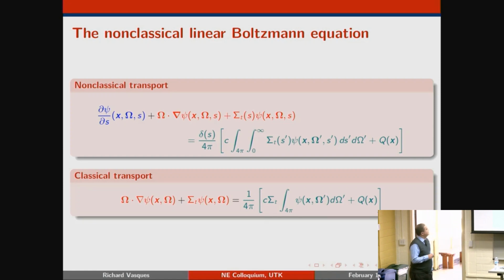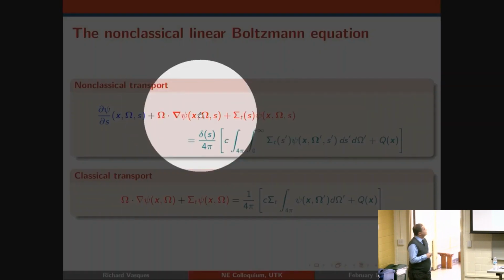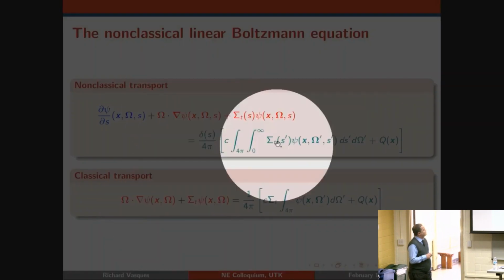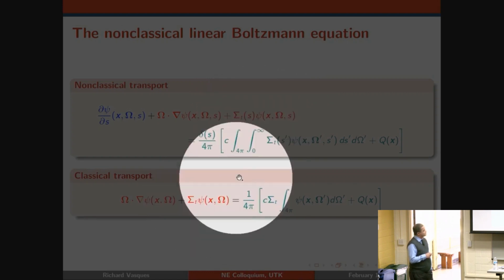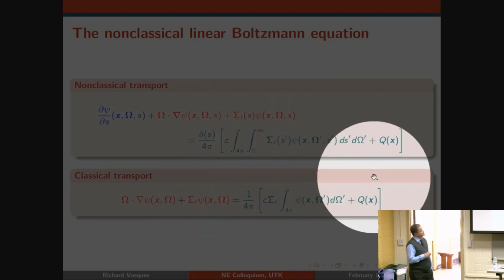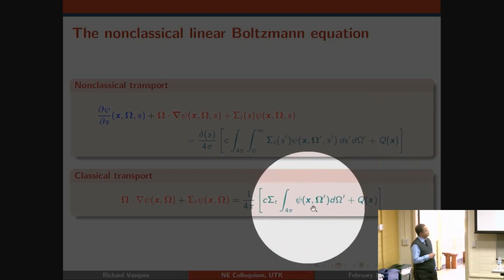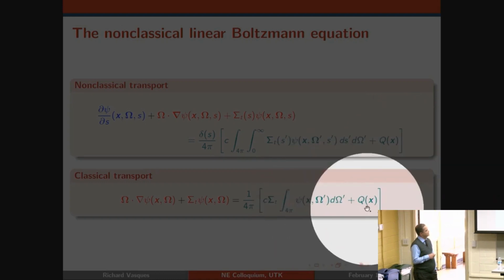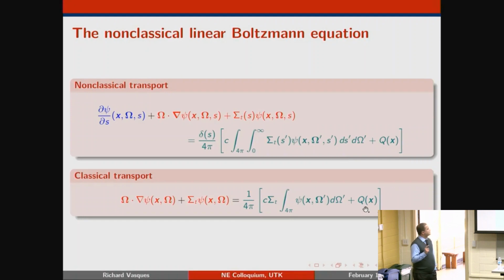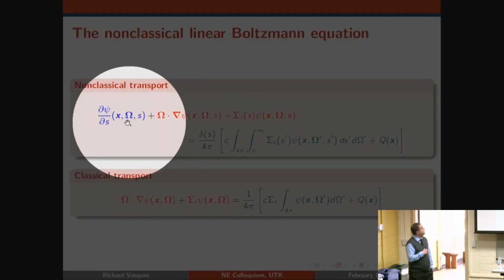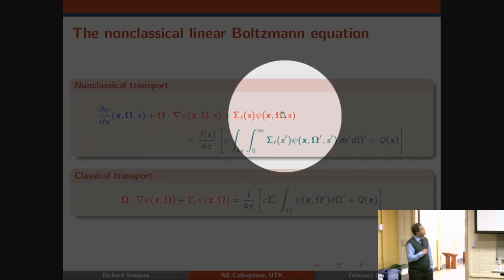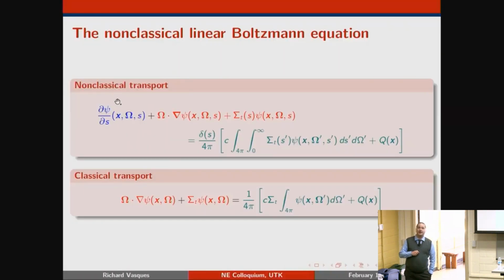For instance, you have your streaming term here. You also have your streaming term there. You have your collision term. Sigma t now depends on s. You have your collision term. You have your in-scattering source and your internal source. They are here too. But there is one thing that is different. Besides sigma t now depending on s, I also have an extra rate of change in there, which makes this whole equation look very much like the time-dependent one.